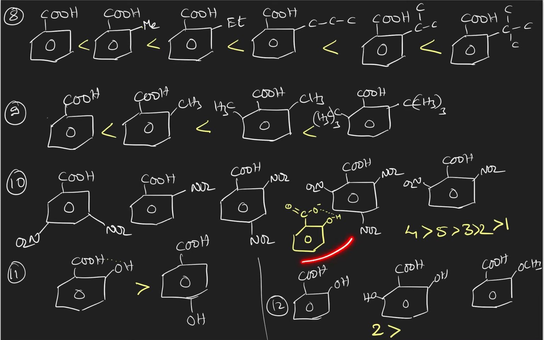So this will stabilize the conjugate base. Therefore, this should be more acidic than the third compound. In the third compound, after the release of H plus ion, ortho effect is there also. But after the release of H plus ion, there is no stabilization like here. Therefore, that comes last.